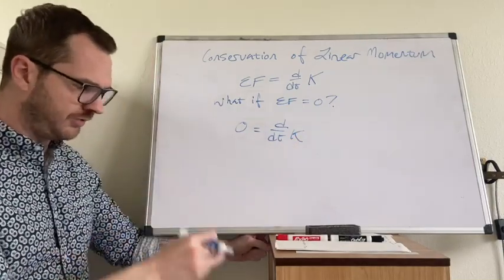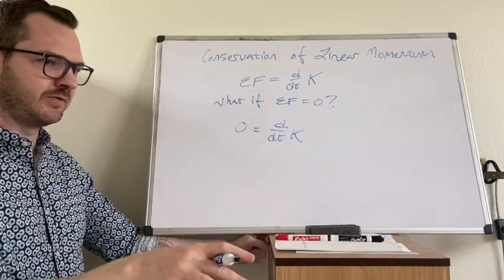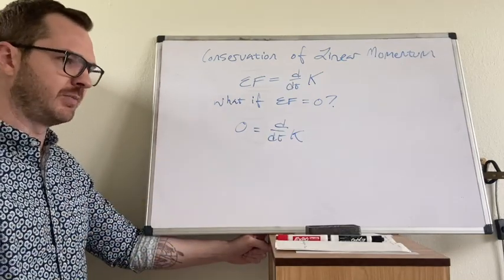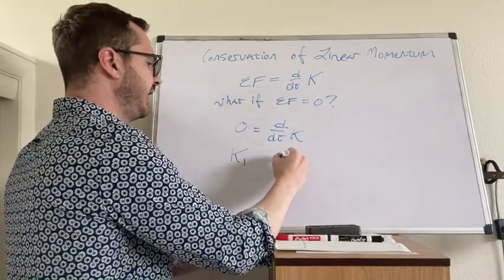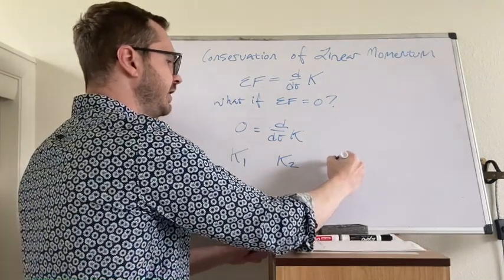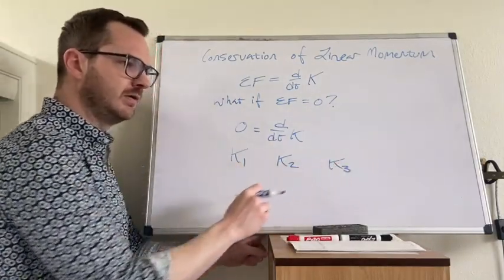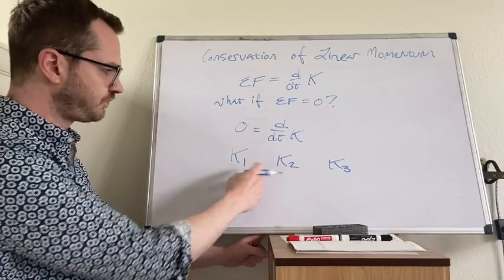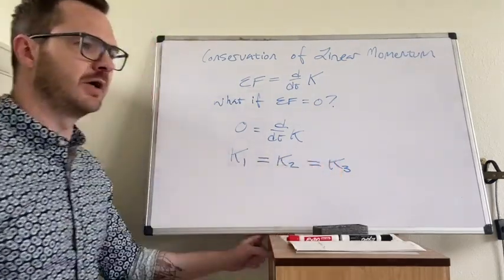So at time 0, you have a certain amount of momentum. At time 1, you have a certain amount of momentum. At time 2, you have a certain amount of momentum. So that's like saying k1 and k2 and k3. Every time you sample, you calculate the linear momentum of the system, and you will find that these are all equal to each other.